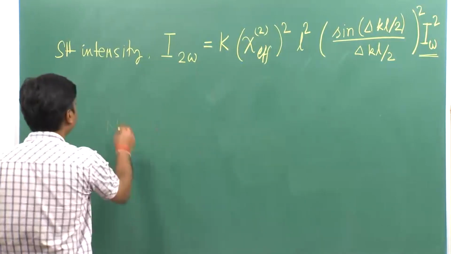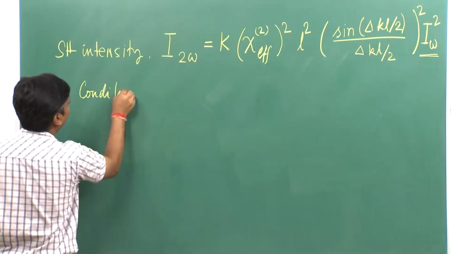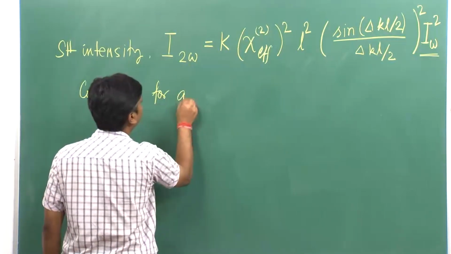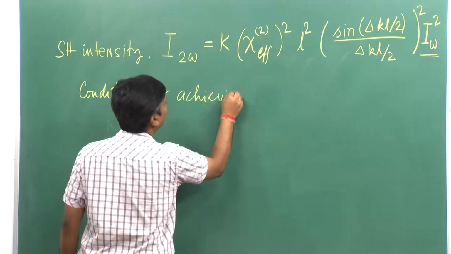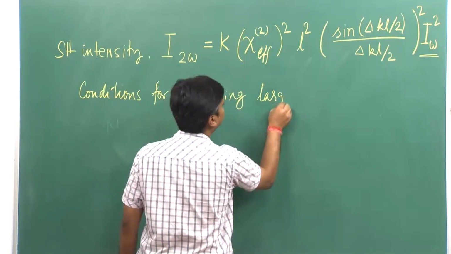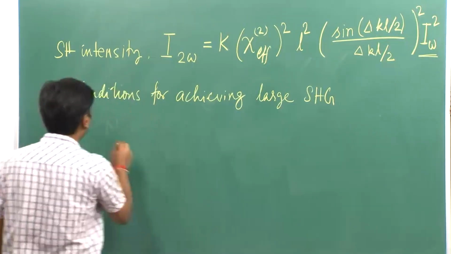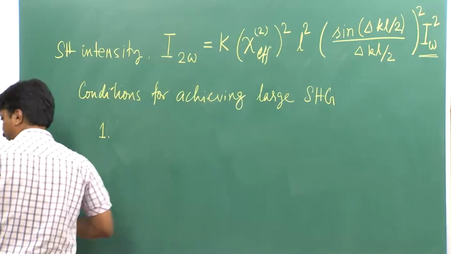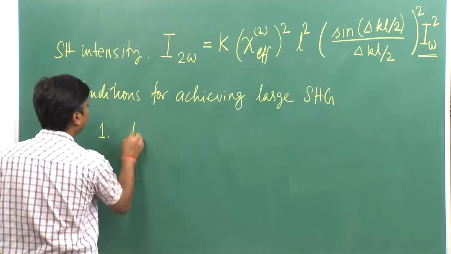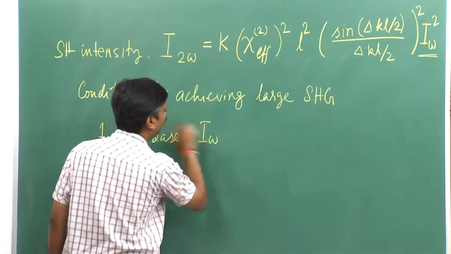So, the first condition for achieving large SHG from this formula is to increase the incident power.